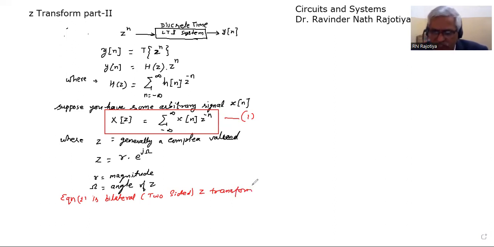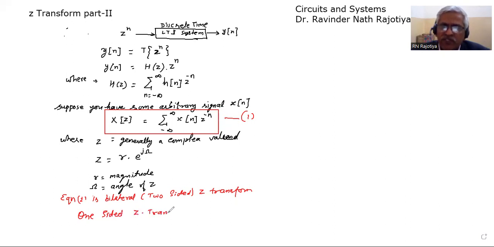Now, contrary to it, this can be written as minus infinity to 0, plus 0 to infinity. So we can write down from this the one-sided Z transform.